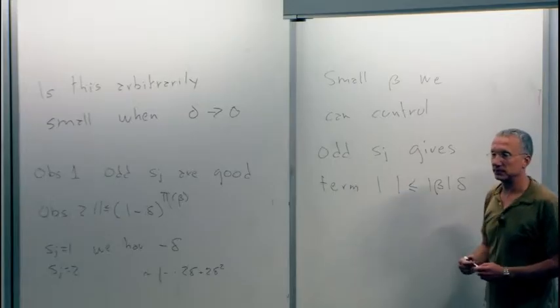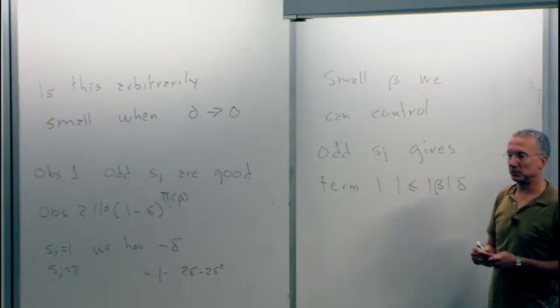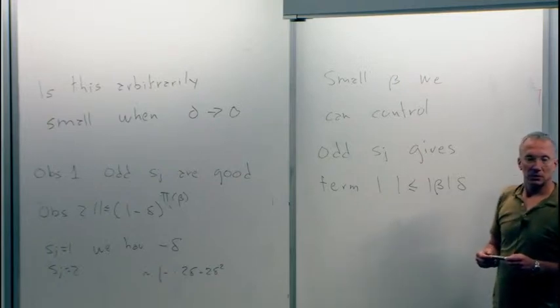Okay, and this is -1, and that's almost 1 because Sj is smaller than the size of beta, and in fact you get a term which is cardinality of beta times delta. Okay, so these are easy to control. These would be good terms. Excuse me, why the factor of beta?